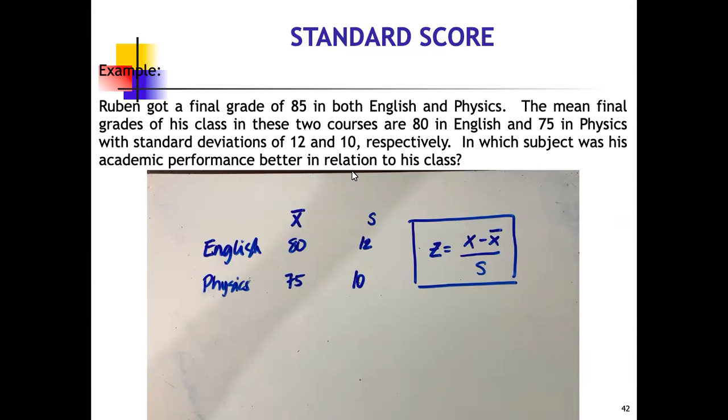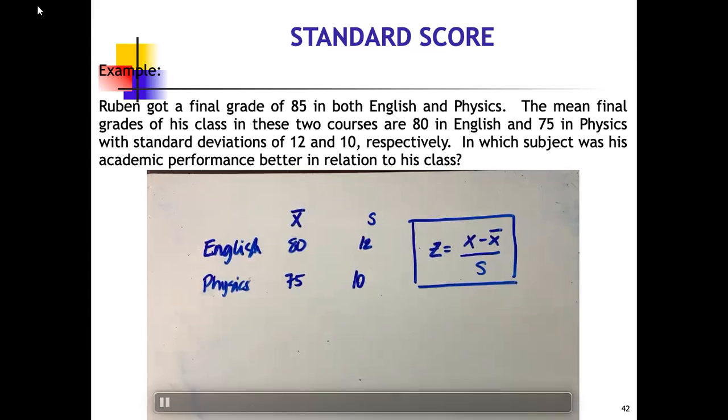The mean final grades of this class in these two courses is 80 in English and 75 in physics. So if you look at it, the mean is higher in English than in physics. However, there is added information: the standard deviation is 12 for English, and in physics, the standard deviation is 10. We are asked, in which subject was his academic performance better in relation to his class? We will answer that question in this video clip, so kindly pay attention.